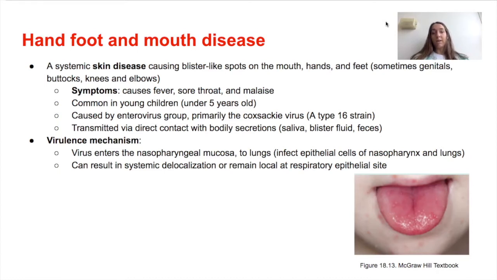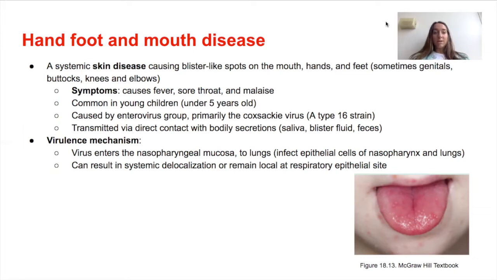So it's caused by an enterovirus called the Coxsackie virus, and it's typically the A-type 16 strain specifically. It's transmitted by direct contact with bodily secretions, such as saliva, blister fluid, feces. So this makes it really common in places where young children aggregate, like school or daycares.